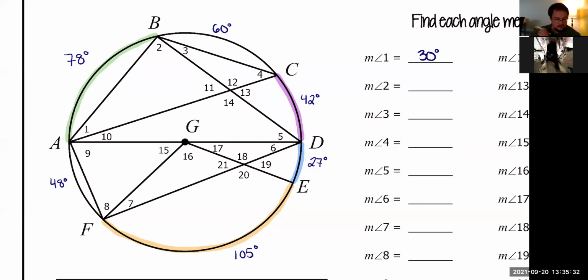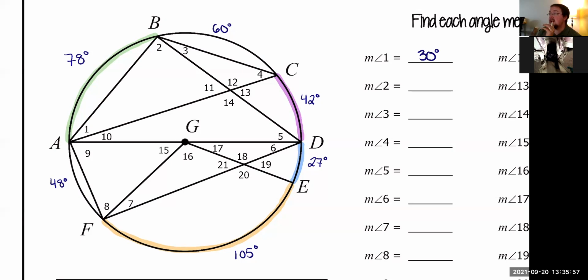Angle 2, follow its legs out. Where are its endpoints? A and C. Careful. Angle 2 is right here, so it's angle ABD. So its endpoints are A and D, which we were told very specifically was a diameter.